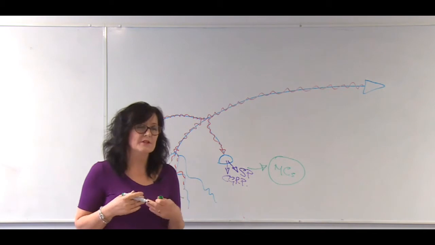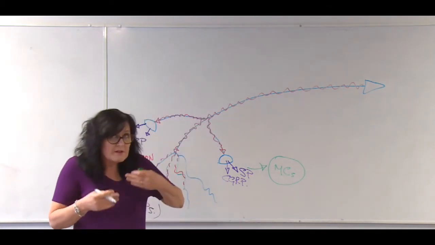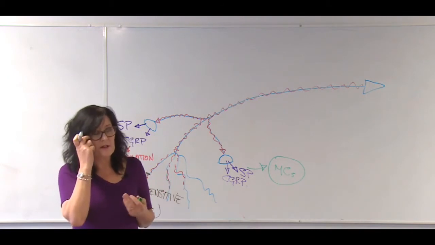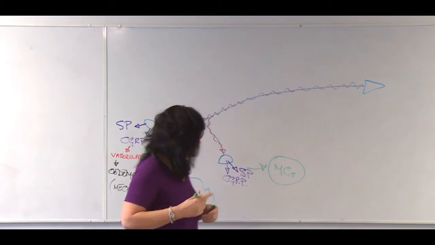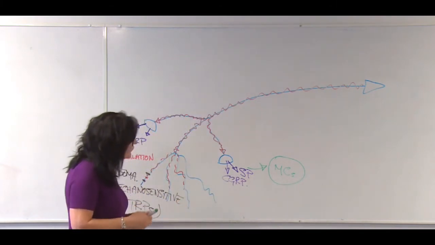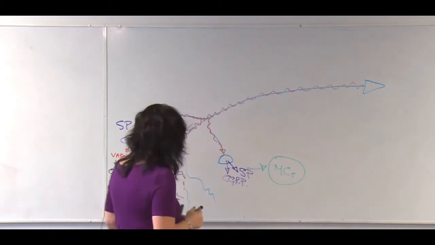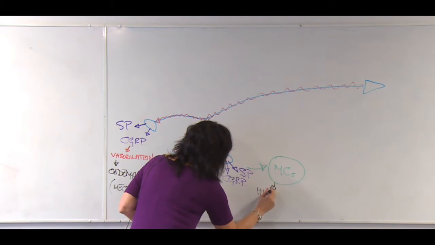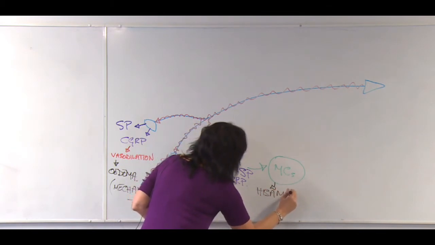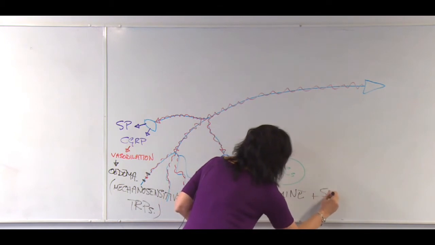Remember, they don't just degranulate histamine, but they also start secreting things like prostaglandins and bradykinins, and we get lots of chemicals joining the soup there. So we get, of course, histamine. And what else comes from mast cells?